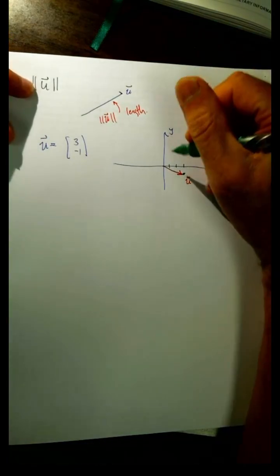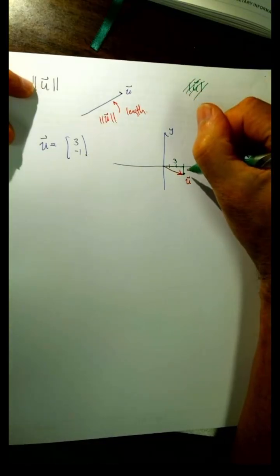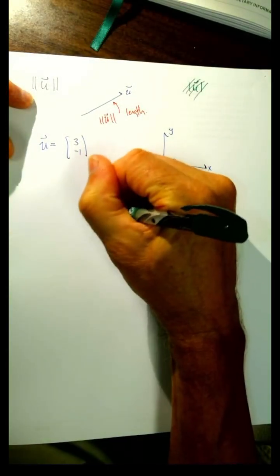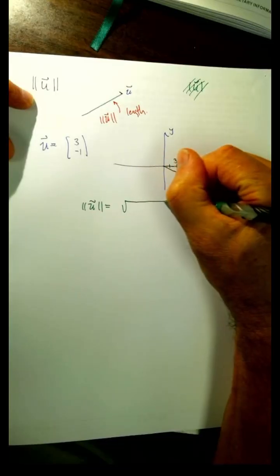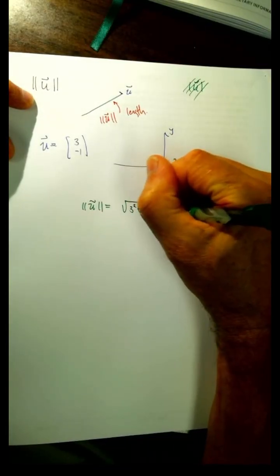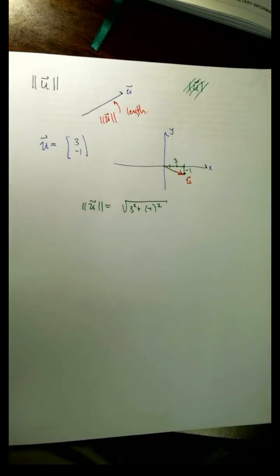Then I can think of this as a triangle. That length is 3, and that length is 1. The length of u, or the norm of u, is going to be the square root of 3 squared plus minus 1 squared. That's basically the Pythagorean theorem.